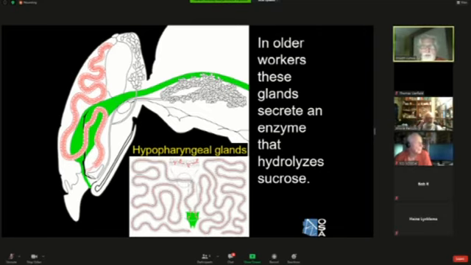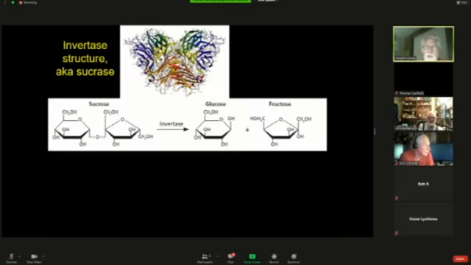There are several special sets of glands in the bee's body, in the head and in the chest, the thorax. This one particular set is called the hypopharyngeal glands, and they produce enzymes that break down the sugar molecule in honey called sucrose. Sucrose is a molecule that has two sugar molecules making it up, one of them glucose, the other one fructose.